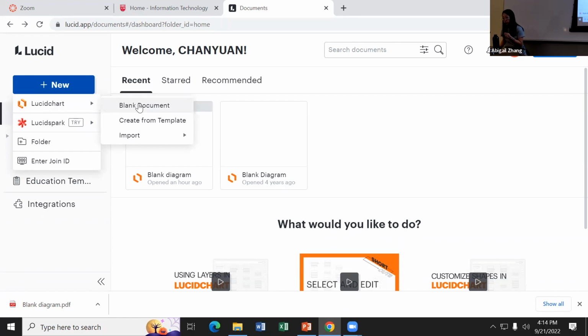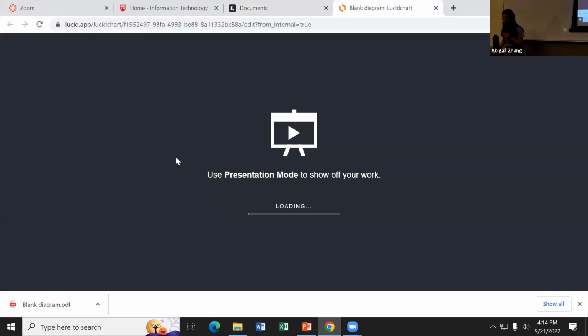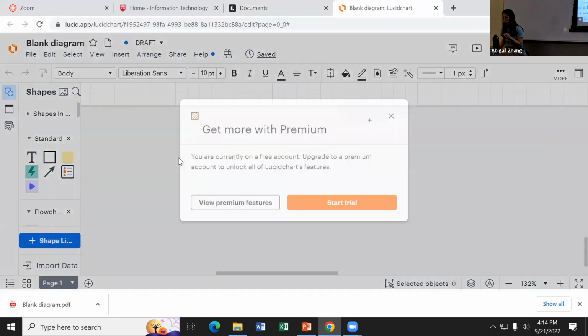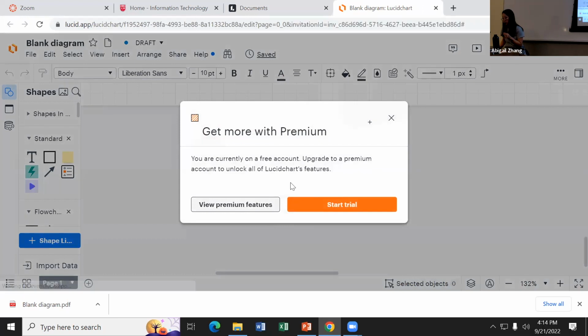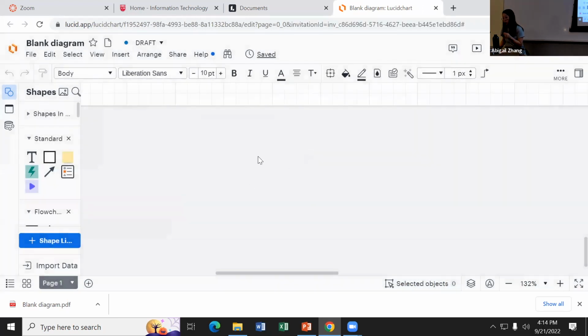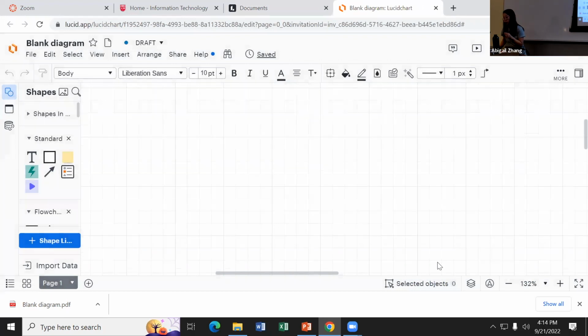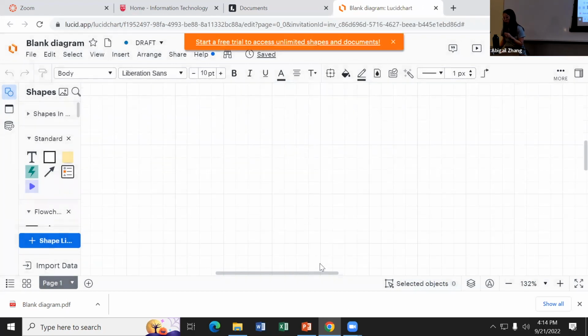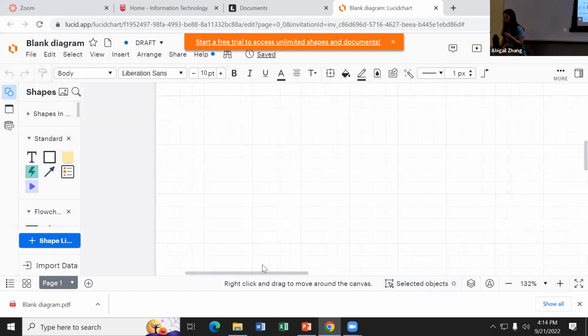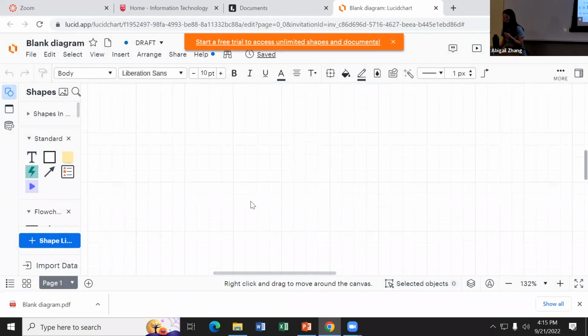If you click it, you should be able to open a blank document like this. When you get to the registration, make sure you choose the free trial, because for Lucidchart you have 5 documents for free, so you can always utilize those free documents.